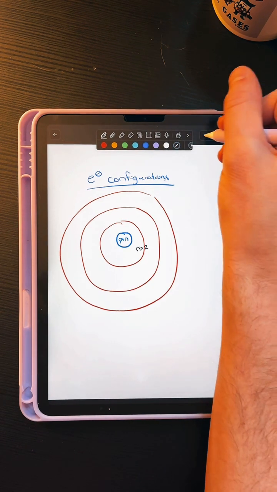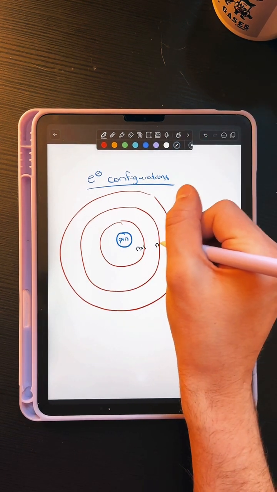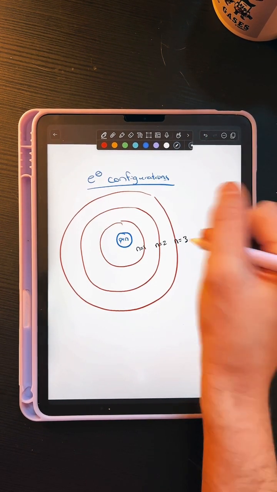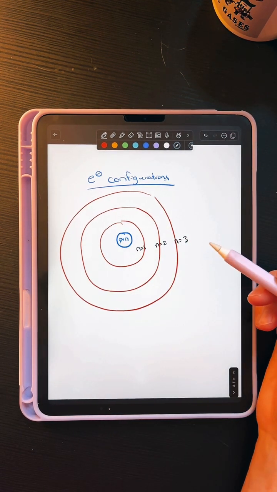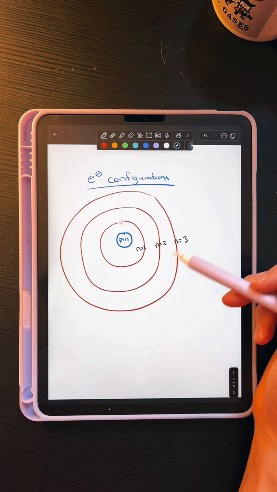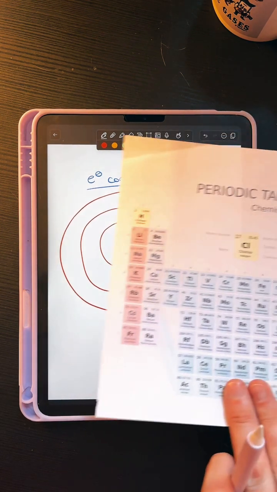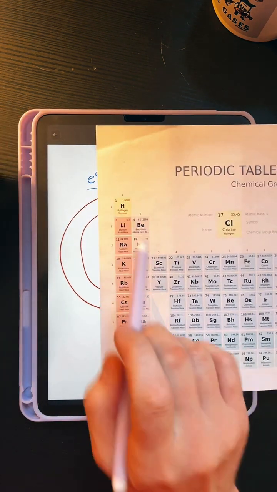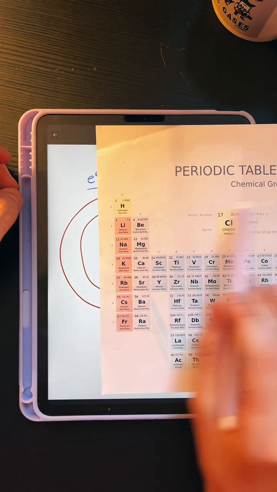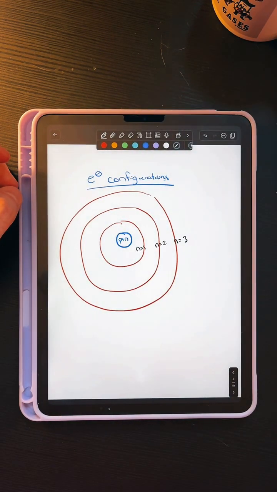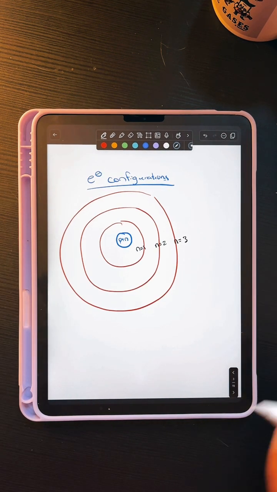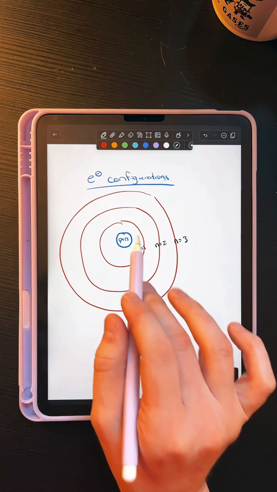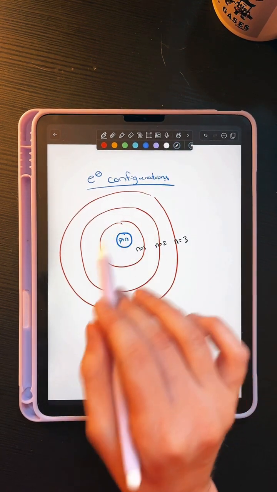So we have n equals 1, n equals 2, n equals 3. And you can think of these shells like the rows or periods on the periodic table, where the first shell, n equals 1, is the first row on the periodic table. And then n equals 2 is the second period, third is the third, so on and so forth.